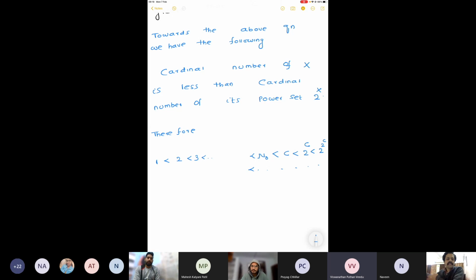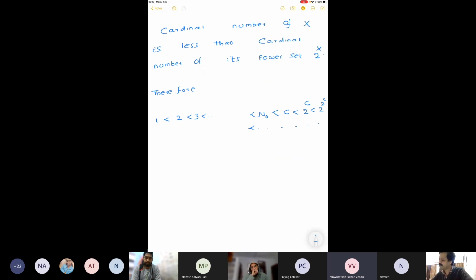And you have infinite number of uncountable cardinal numbers: C, 2 power C, 2 power 2 power C, and so on. Okay. I repeat, 2 power C is used for denoting cardinal number of power set of R or power set of any set numerically equivalent to R.